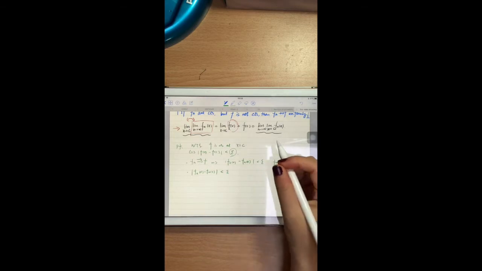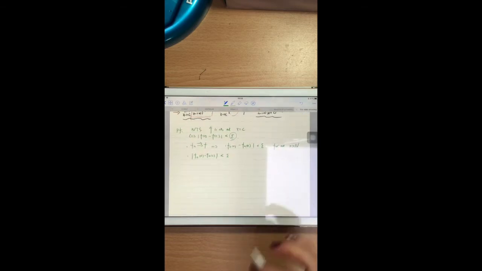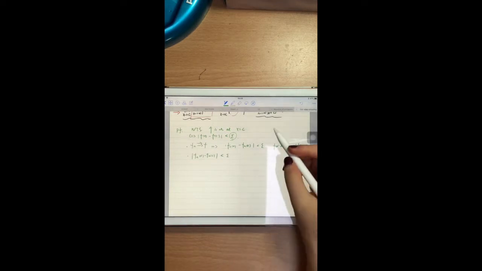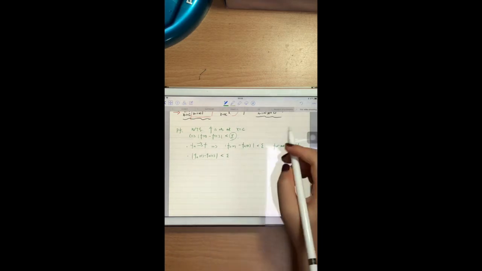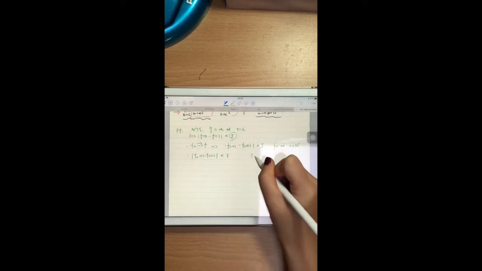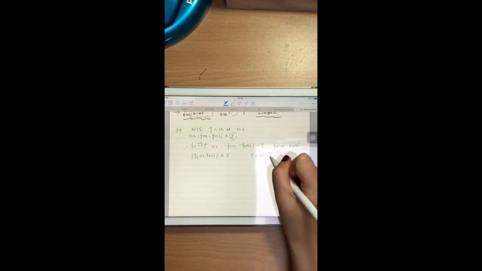So I did write down some conditions. You've got to have |x - c| smaller than delta, right?